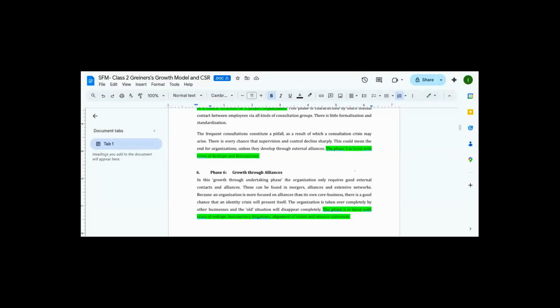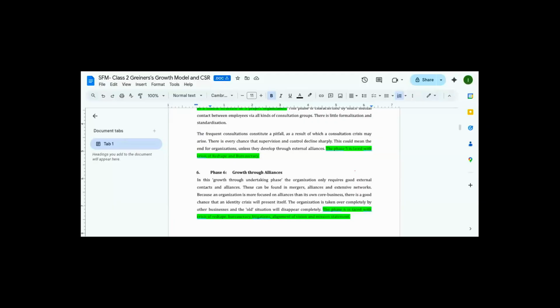So the higher the company grows, the more bureaucratic procedures they follow. It doesn't matter whether we have bureaucratic procedure in stage 4 and stage 5. What the scholar is trying to say is that at 4 and 5, more strategic and policy decisions are taken.